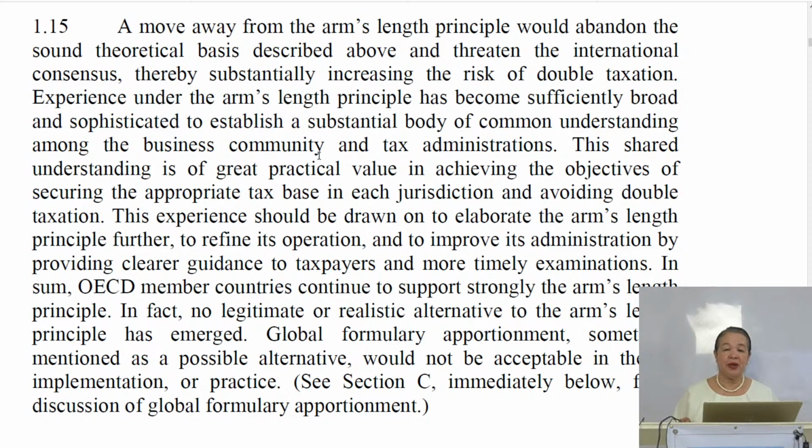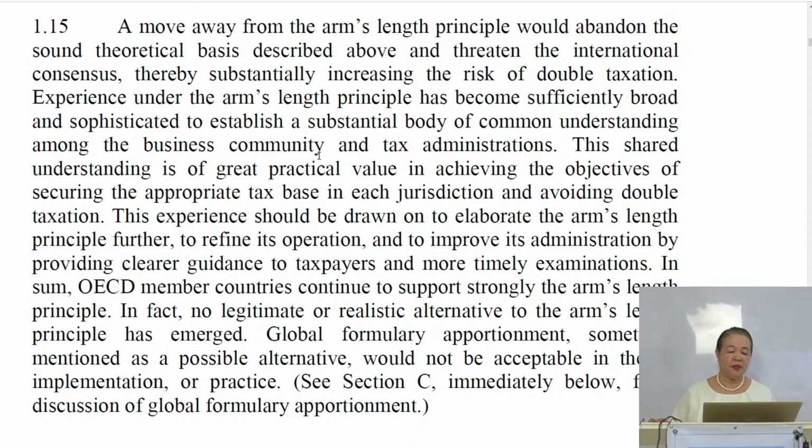So as much as possible, double taxation should be avoided or minimized, but sometimes it cannot be avoided, especially in cases of intentional shifting of income to deprive the other country or the other party of the income that should be paid wherever the entity is situated.